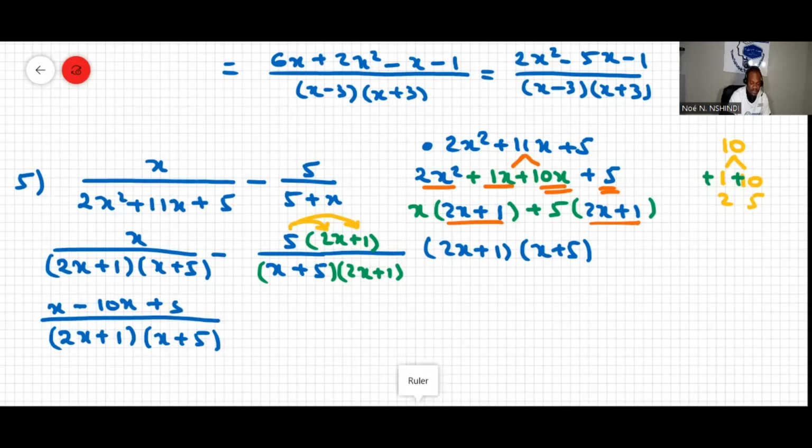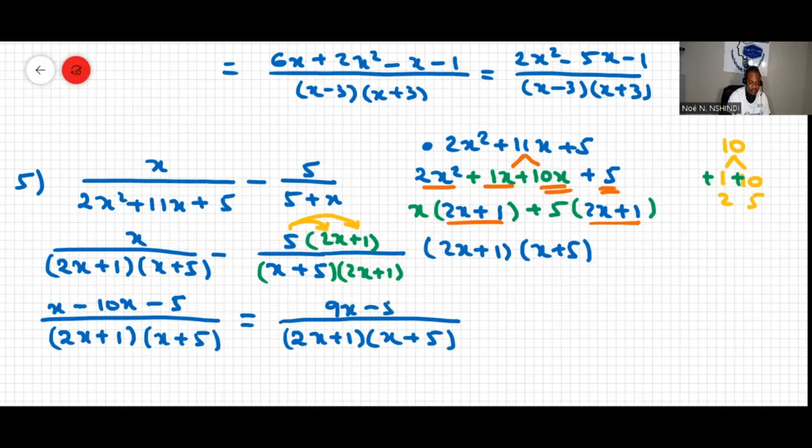With the minus, it's negative 5. So negative 5 there. And then that makes 2x plus 1 and x plus 5 under x minus 10x makes 9x minus 5. So that's the answer. Okay.